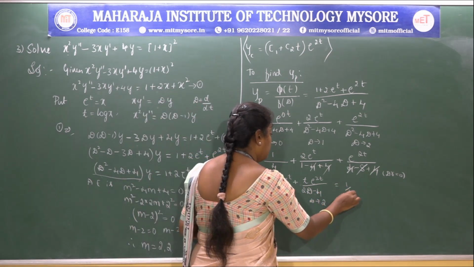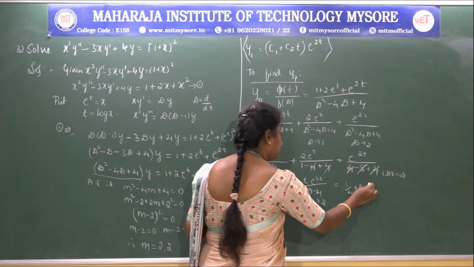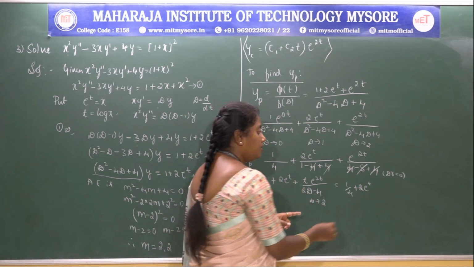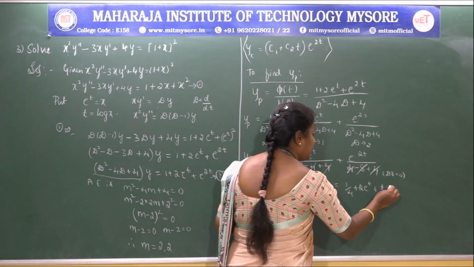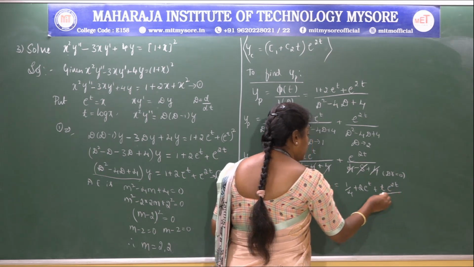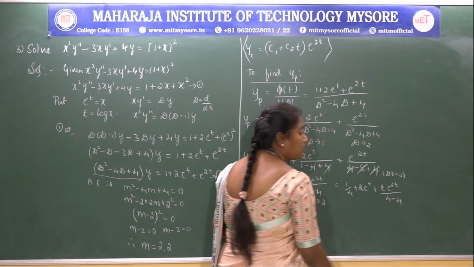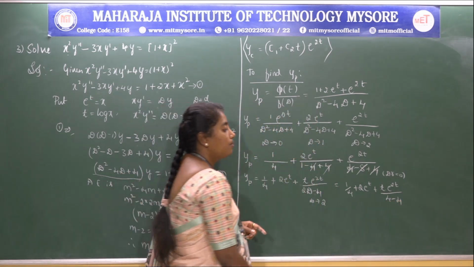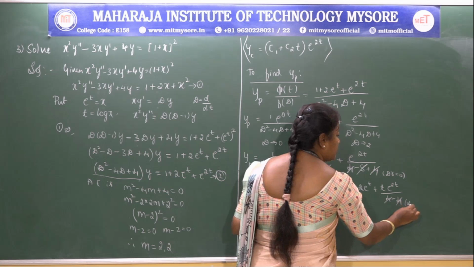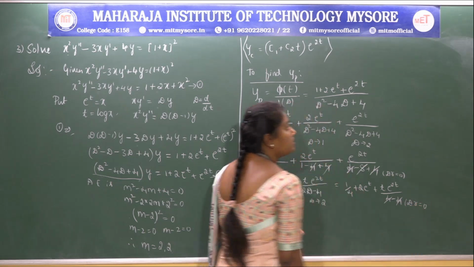1 by 4 plus 2 times e power of t, and the value of the last term is t into e power of 2t. Simplifying, d is equal to 2. Again we get a 0 denominator, that is 4 minus 4, that is, the denominator value is equal to 0.